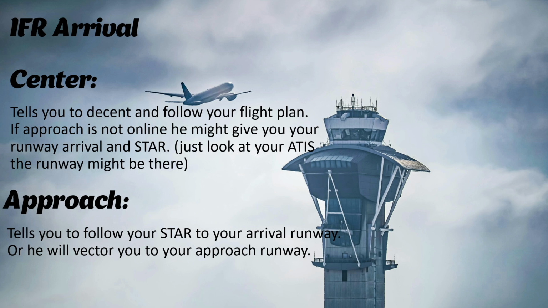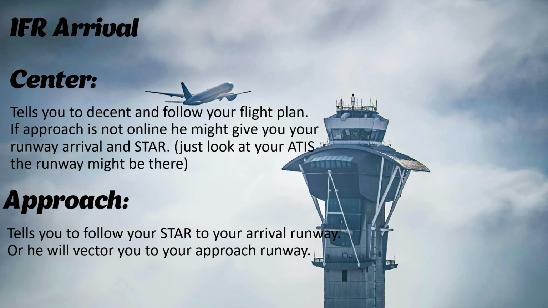Let's look at the IFR Arrival, so when you arrive at your airport. When you're mid-flight and near your top of descent, center will tell you to descend and follow your flight plan. If approach is not aligned, he might give you your arrival runway and STAR, but he will give you your STAR anyway.